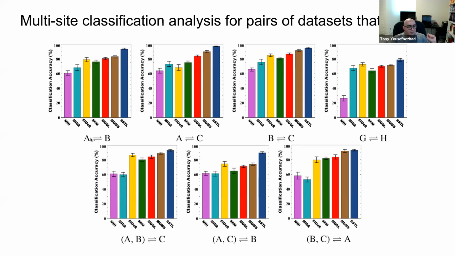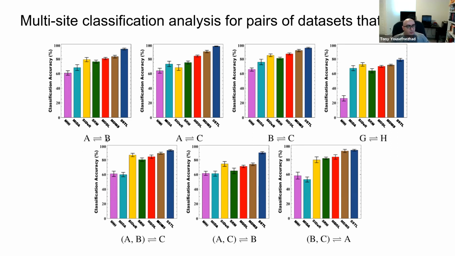This symbol means that in the first level of analysis, we learn from site A and apply to site B, then learn from site B and apply to site A. This one is the average of this classification analysis. We report the details in our supplementary material if someone wants to see the numerical results, but here is the average.